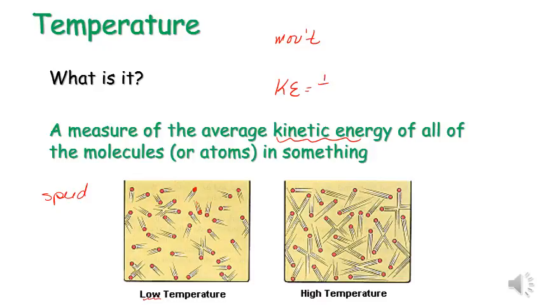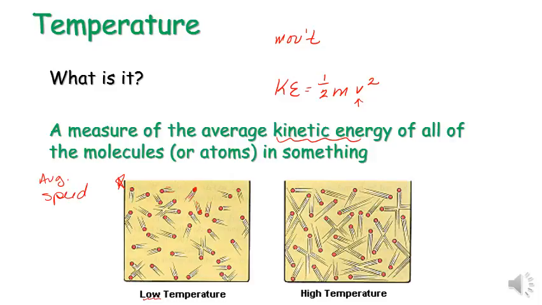While I know the definition says kinetic energy, which is the energy of movement, kinetic energy is 1/2 the mass times the speed squared. Well, if the mass is basically about the same, we can focus more on v, velocity, or in this case, the speed. Well, the average speed of all of the molecules in this lower temperature box, well, that's how we measure temperature. They're all moving at about the same speed, some a little faster, some a little slower.